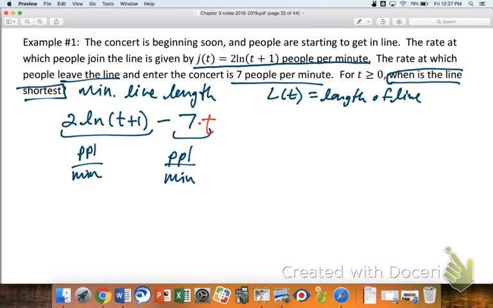What are the units on the t? Minutes, right? It's time. So times minutes, what does that do to the units? People per minute, which is a rate, minus people, which is an amount.